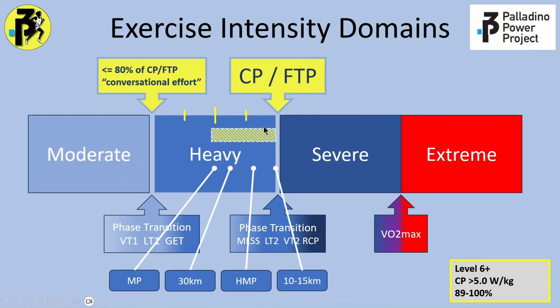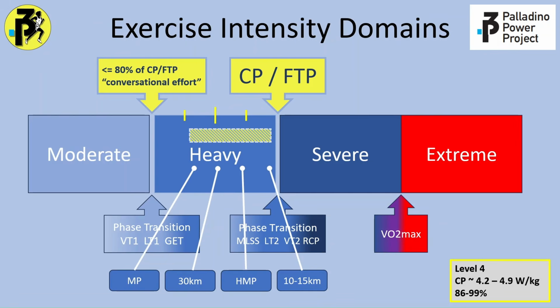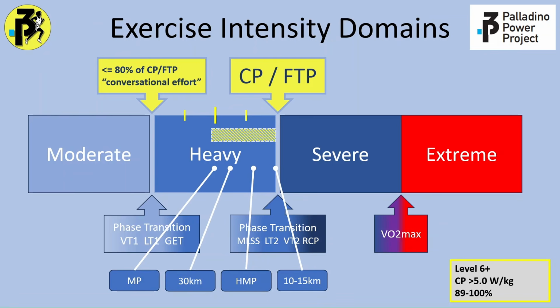It's sandwiched up here, above 95% of critical power, functional threshold power for marathon power. So again, we just see how the sweet spot individualizes based on their critical power, which correlates to these race intensities. So it goes from 3 to 4 to 5 to even higher, 6 plus.